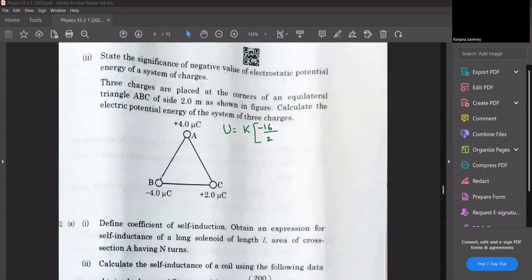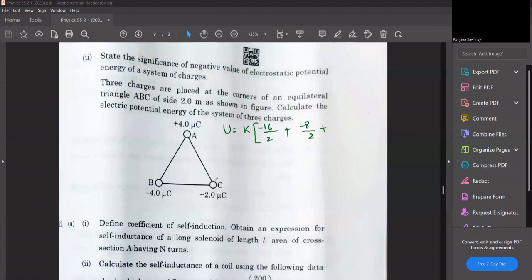These are in microcoulombs, so 4 into minus 4 into 10 raised to the power minus 6 into 10 raised to the power minus 6 will multiply outside the bracket. Plus, between these two charges, minus 4 into 2, minus 8, upon the distance between them, which is 2.